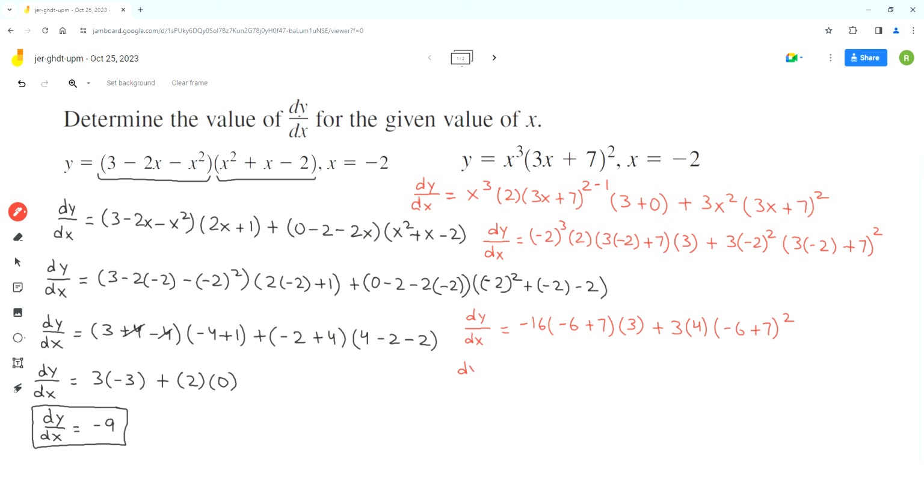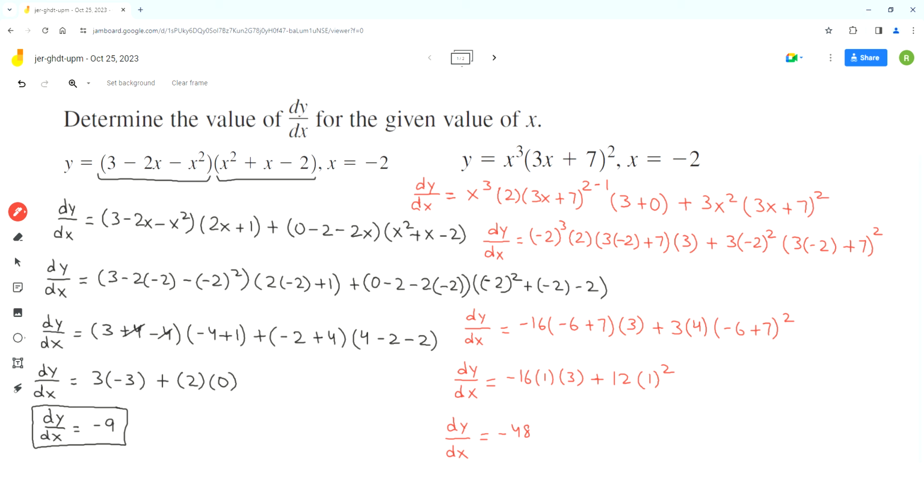Now we can continue simplifying the expression. So dy over dx equals negative 16, and in the parentheses, negative 6 plus 7 is 1, times 3, plus now 3 times 4 is 12, and then plus negative 6 plus 7 is 1. So we can simplify it further. Negative 16 times 1 times 3 is equal to negative 48.